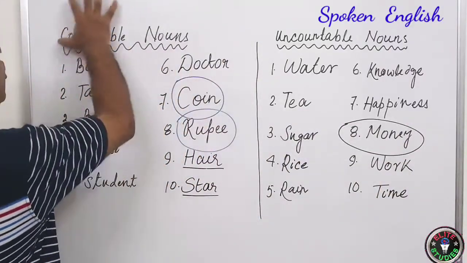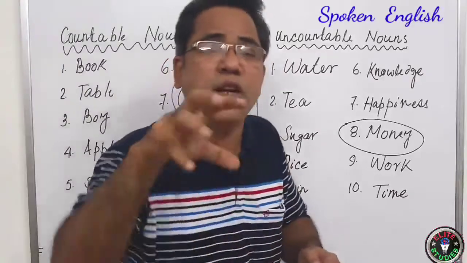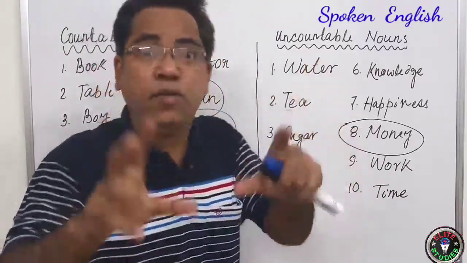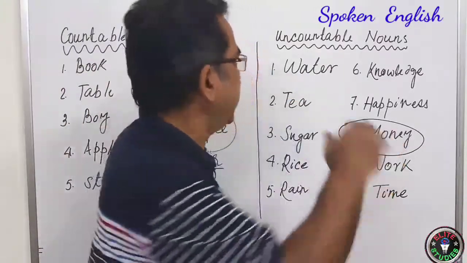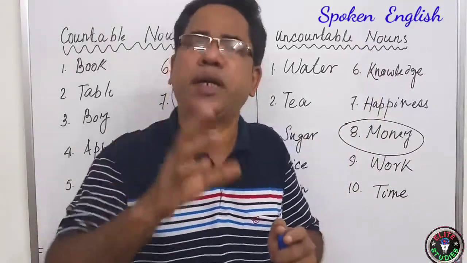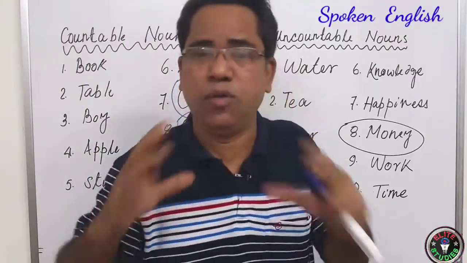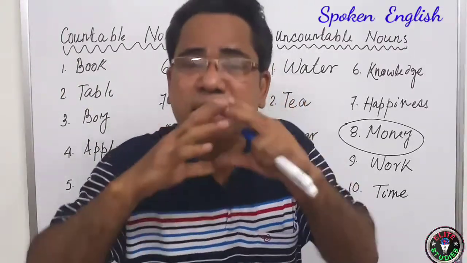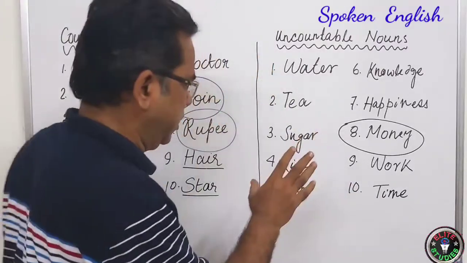If you want to know whether the given noun is countable or not, you add s to it. If it makes sense, then it is countable. If you cannot add s, then it must be uncountable. Next, all abstract nouns are uncountable. All liquid things and gaseous things are uncountable. Simple trick.